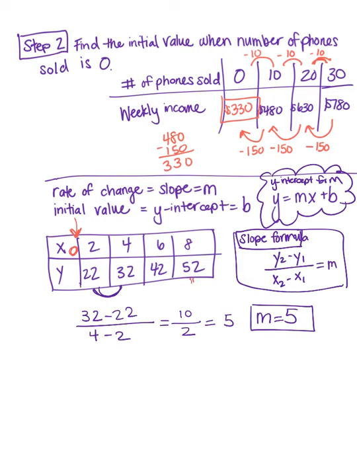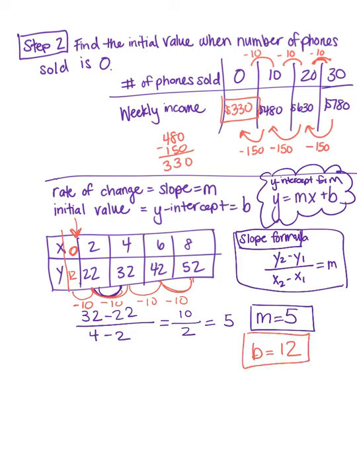So 52 to 42, we did minus 10. 42 to 32 was minus 10. 32 to 22 was minus 10. And 22, we're making an extra column right here, it's going to still be minus 10. And 22 minus 10 is 12. So our y-intercept, which is the same thing as b, equals 12.